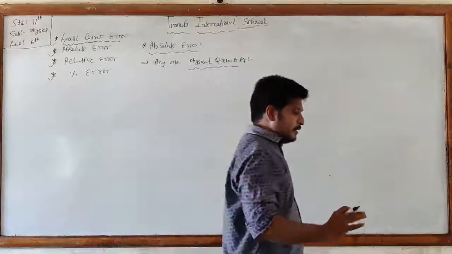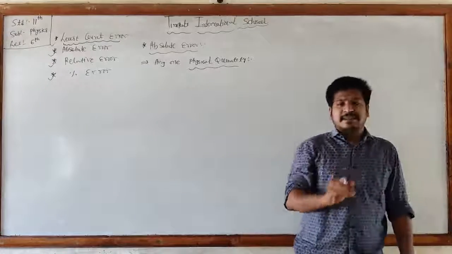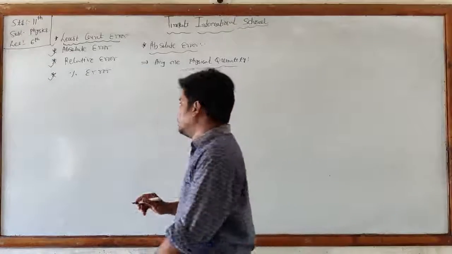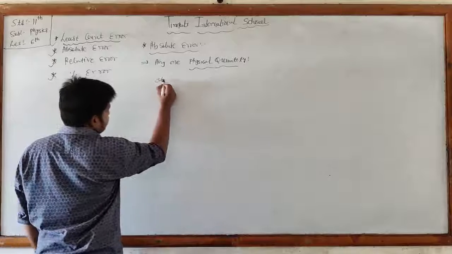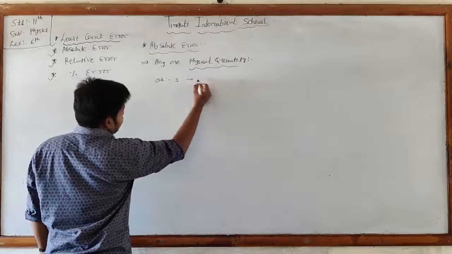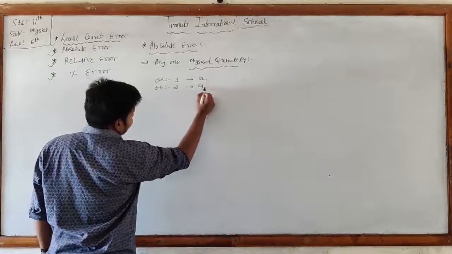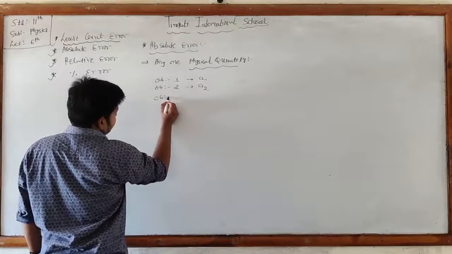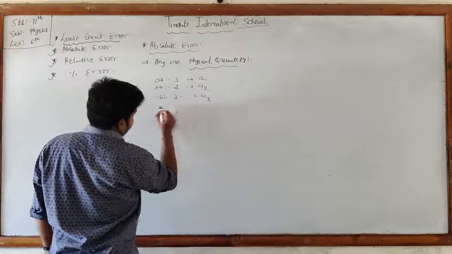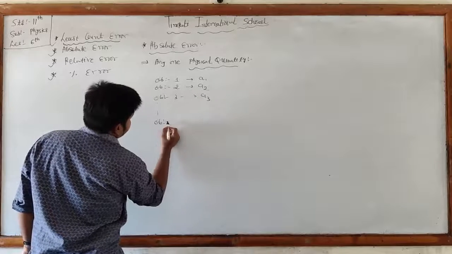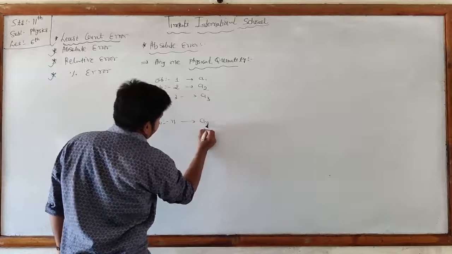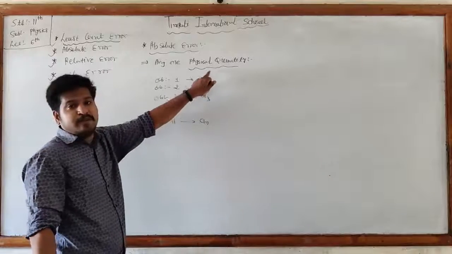So here I am considering any physical quantity. I take observation number 1, that is A1. Observation number 2, that is A2. Observation number 3, that is A3, and so on. Observation number n, that is An. So An is the value of the observation.